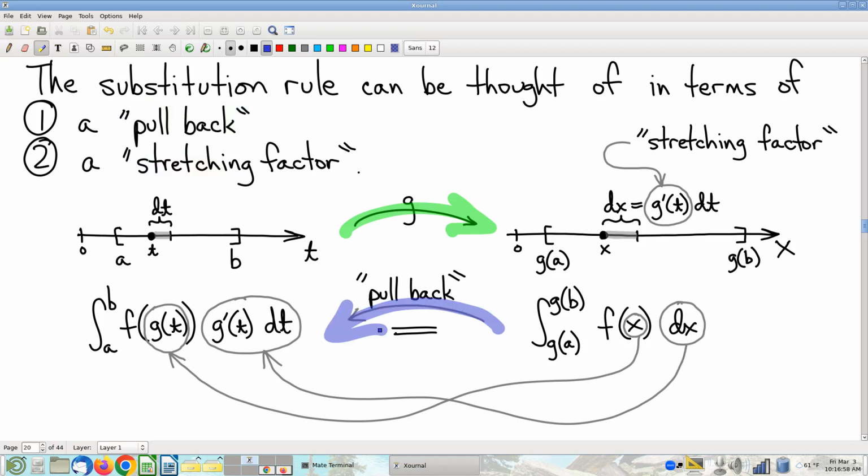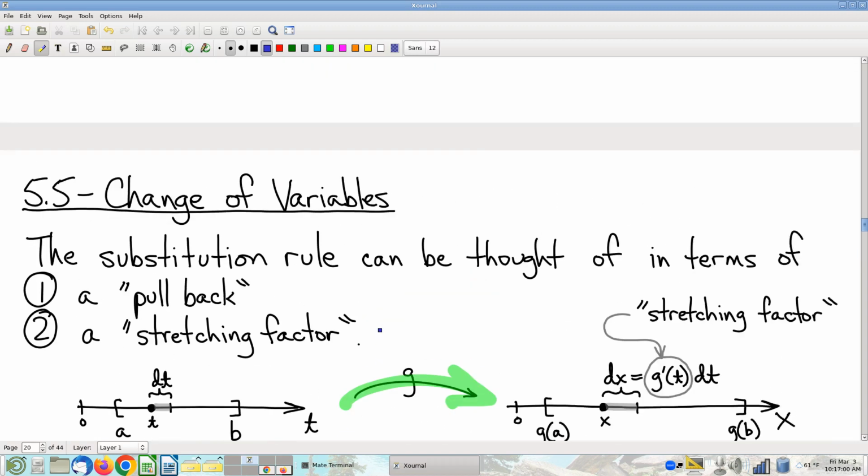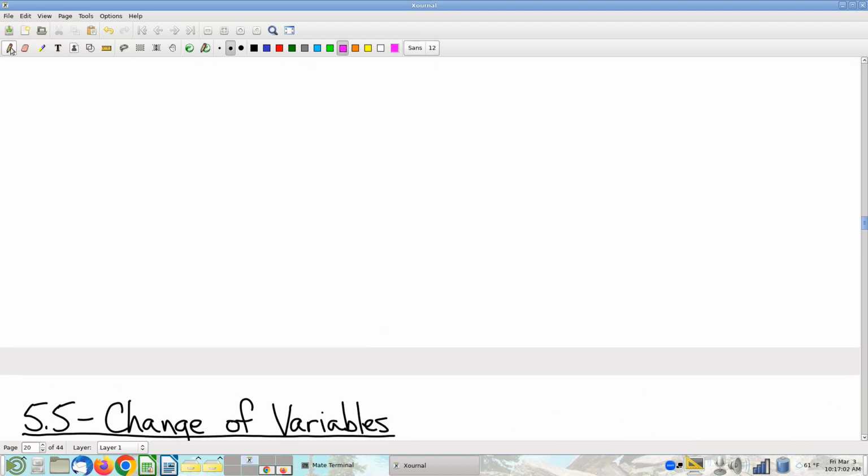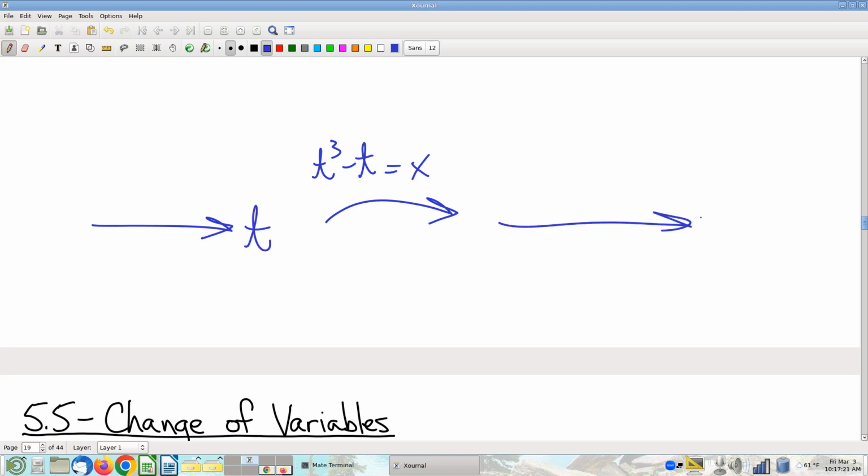But it does, because, again, come up here with some extra space and point out that if you have a function, for example, that gives, let's say, x is t cubed minus t, something like that. You give me a t, out comes an x. The function clearly goes from the t-axis to the x-axis.